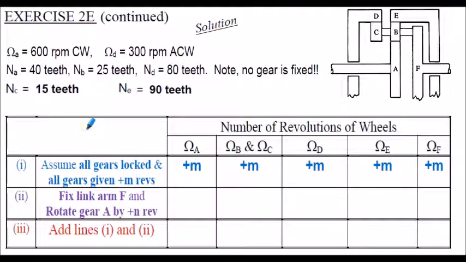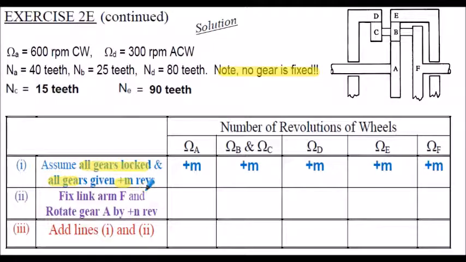Exercise 2E continued here. I've just extracted all the information from the question and also stated the calculated gear teeth on gear C and E. Note in this case that no gear is fixed, so we're going to apply the procedure where we lock all the gears and all gears are then given a positive M revolution.